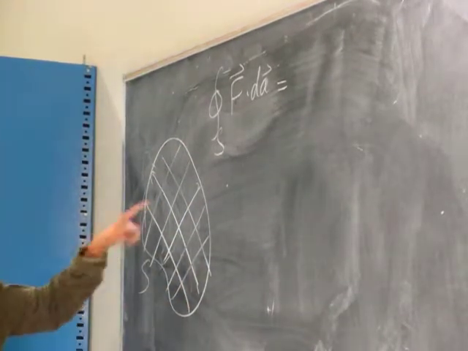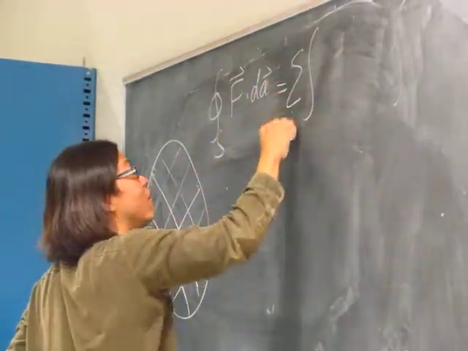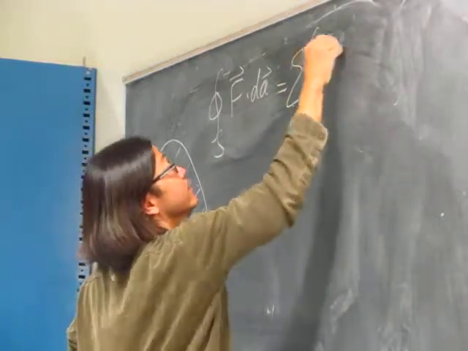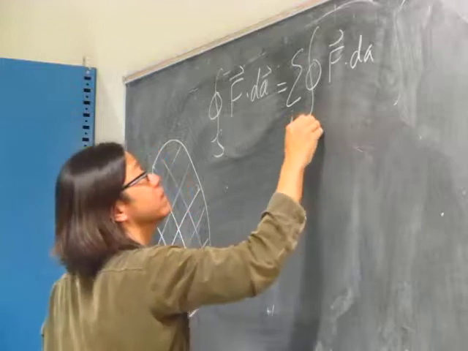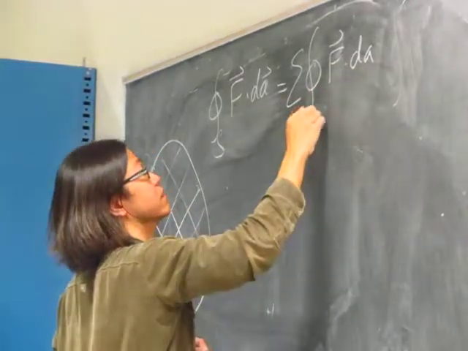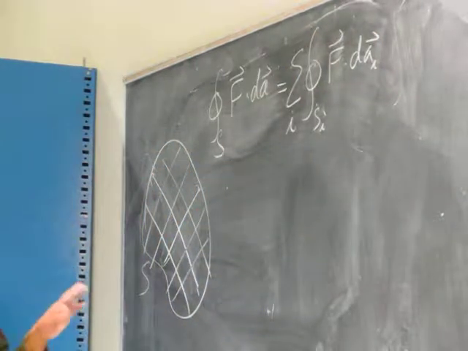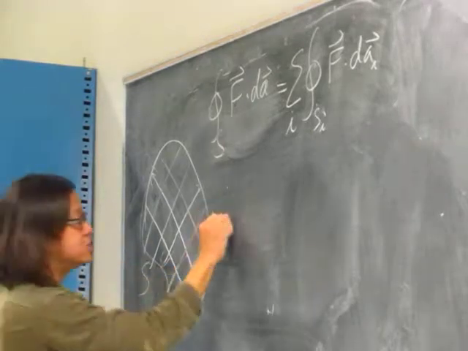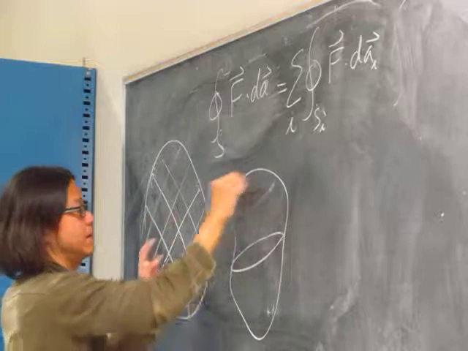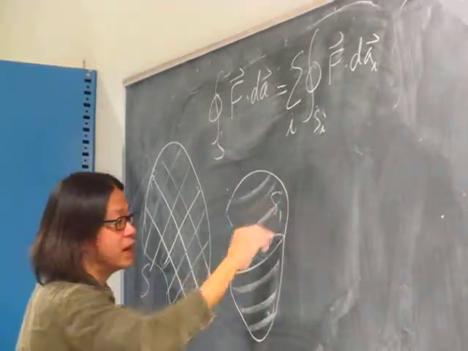Then this integral is basically the sum over all the volumes of the closed-loop flux over each volume Si. Just think about it. If I divide it into two, this is S1, this is S2.